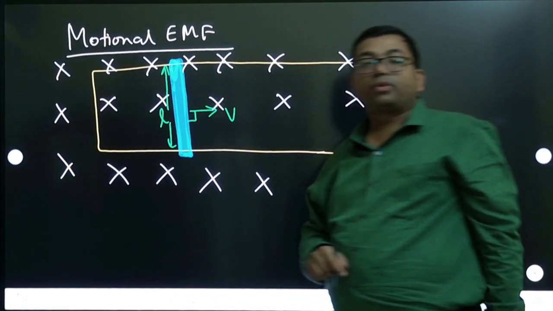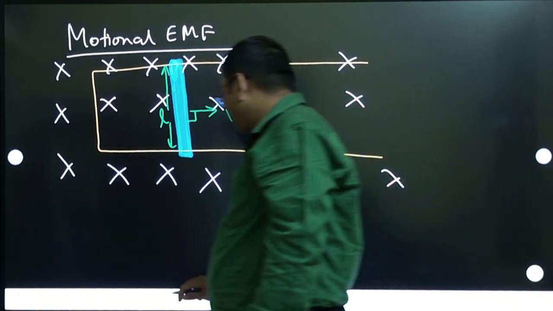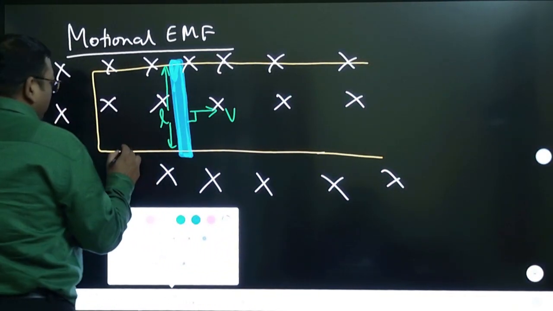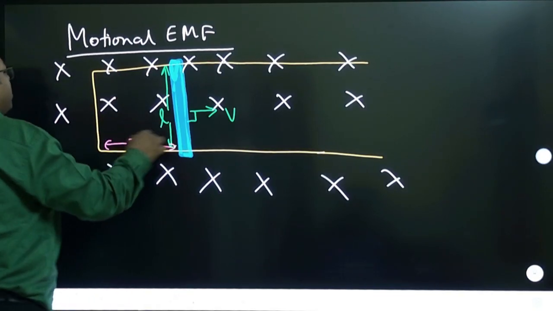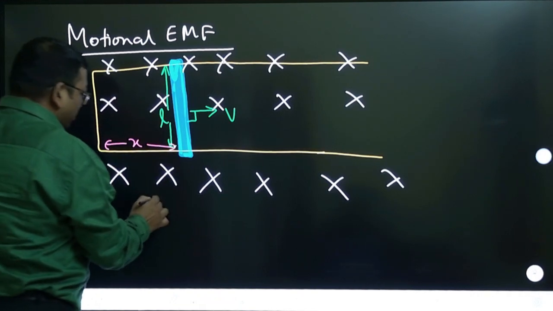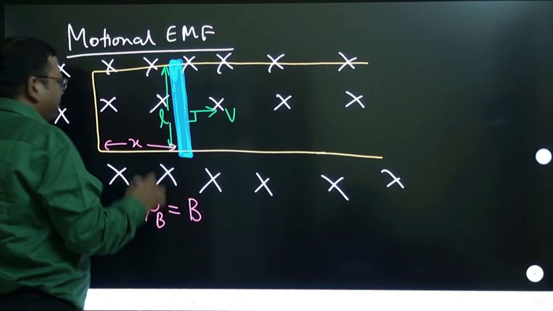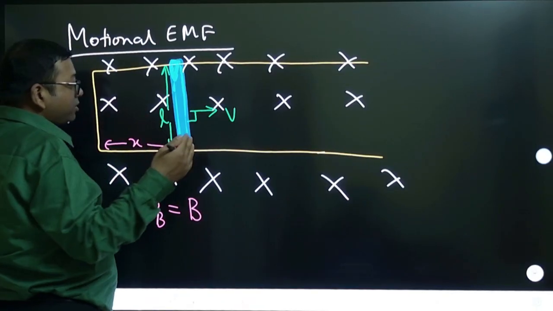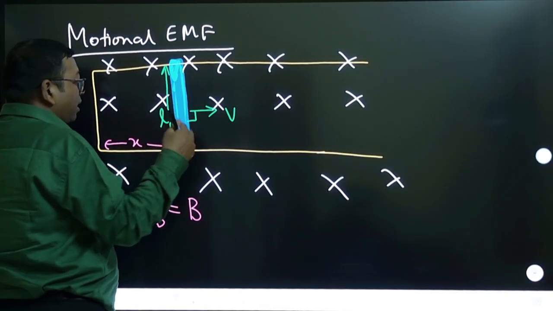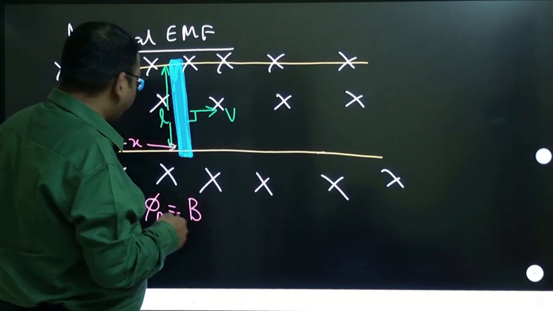Now as we are moving it, what is happening? Let us say that this is the distance x here. So you need to consider this area, because if you take magnetic flux at any time, you will be writing B into this area, and because the area vector is also perpendicular, the angle between the area vector and the magnetic field is 0, right?